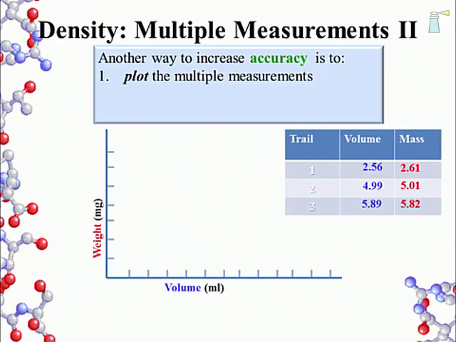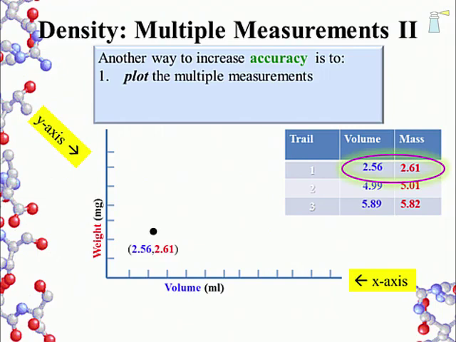This is called a Cartesian graph, and it has 2 dimensions or axes. The horizontal or x-axis shows the value of volume data, while the vertical or y-axis holds the mass or weight data. When plotting points, the x value is always written first and represents the value of the volume.